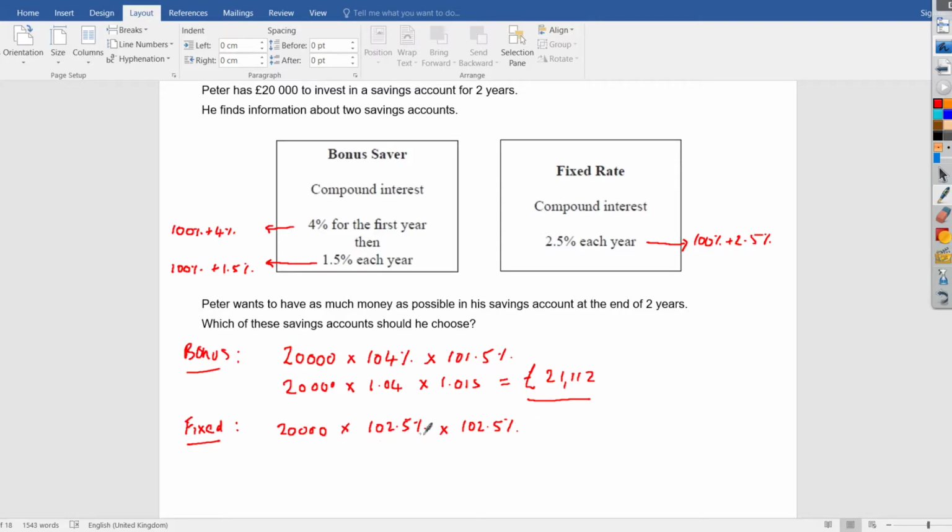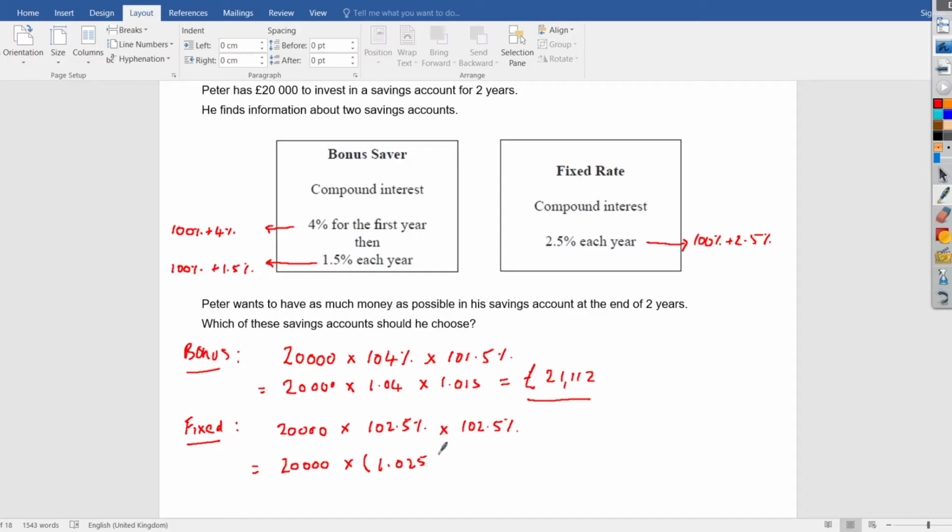Now there is an easier way of writing this down. When we've got the same multiplier, we can write this as 20,000 multiplied by, I can put brackets because these two numbers are the same. As a decimal, 102.5% is 1.025.